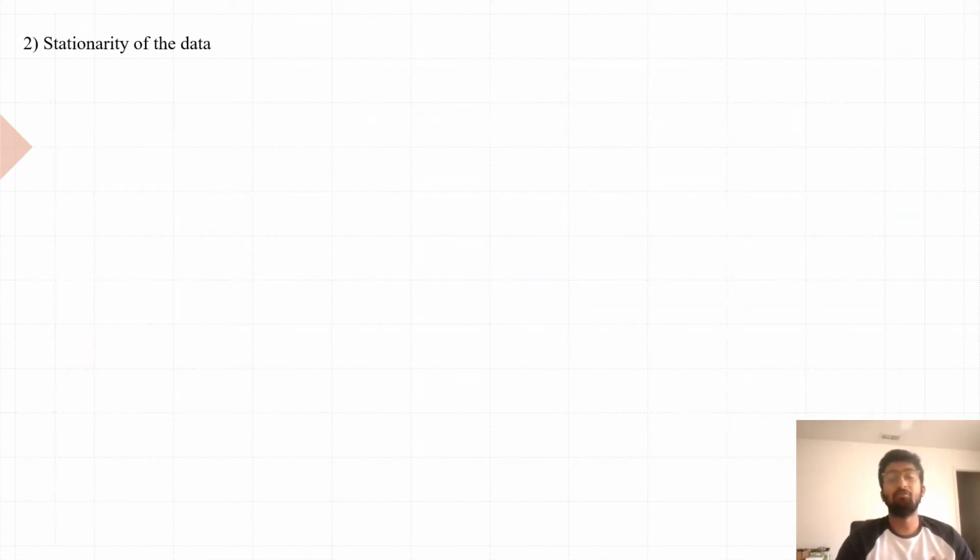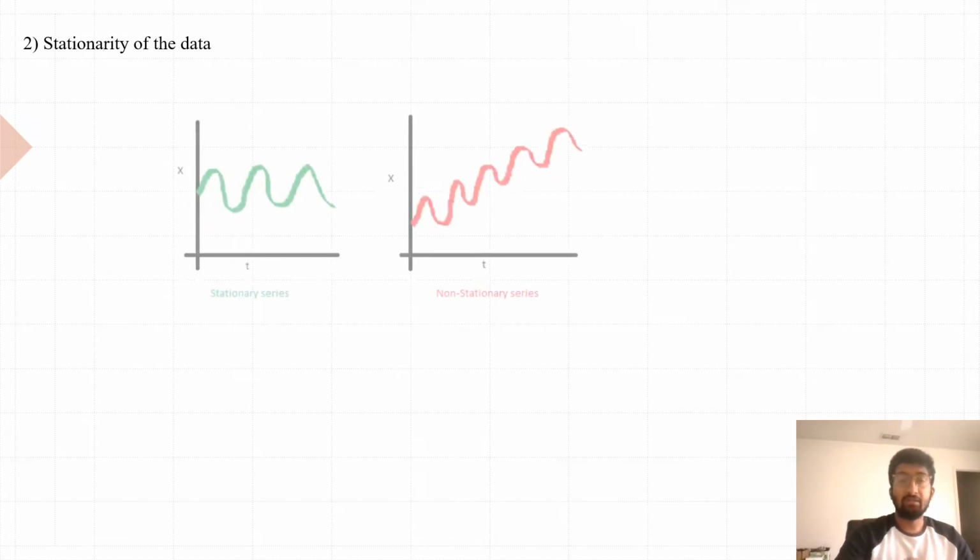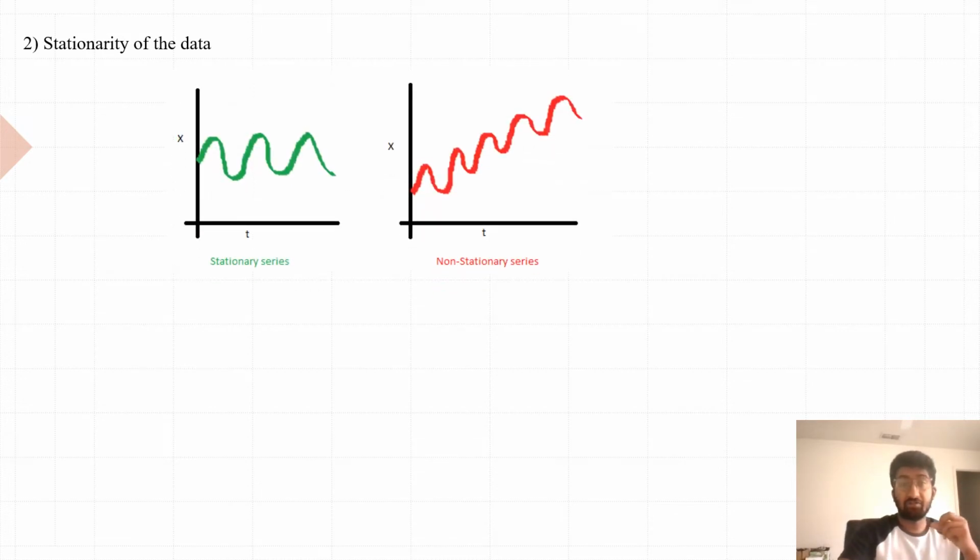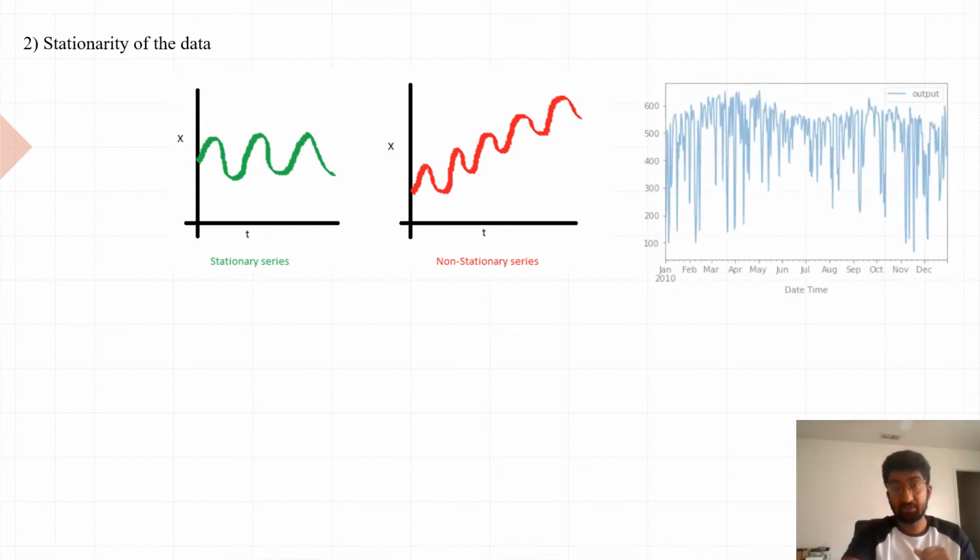After we determine if it is seasonal or not, we move into the ARIMA model. That is the stationarity of the data. We need to check whether the data is stationary or not. The two images represent a stationary series and a non-stationary series. Stationary series means that the mean is the same throughout time, and in the non-stationary series the mean and the variance keep on increasing.